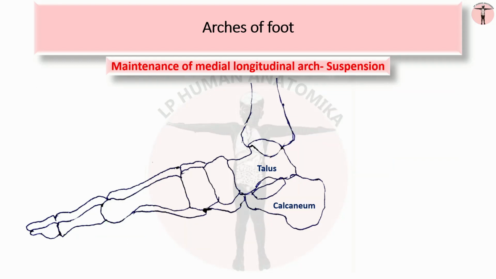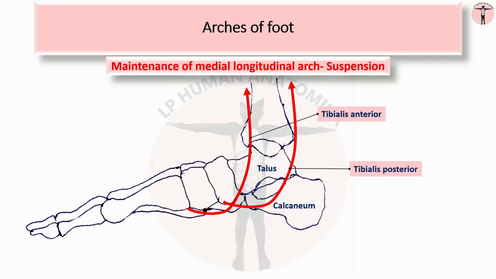The suspension of the medial longitudinal arch is brought about by the following structures: the tibialis anterior, tibialis posterior, and the medial ligament or deltoid ligament of the ankle joint.